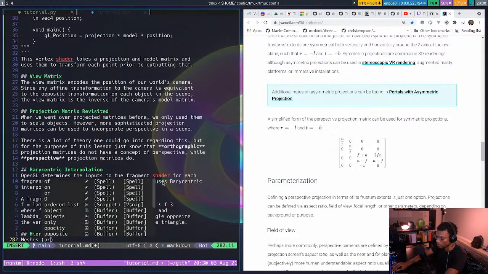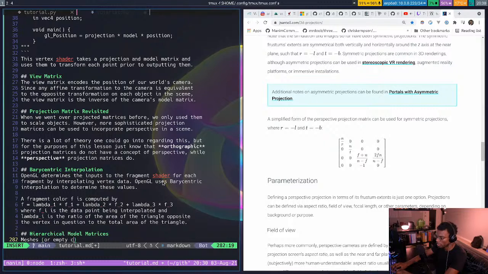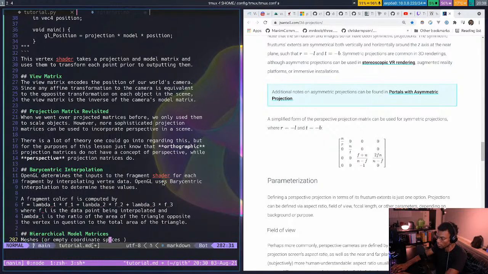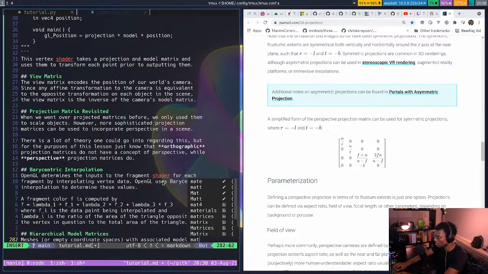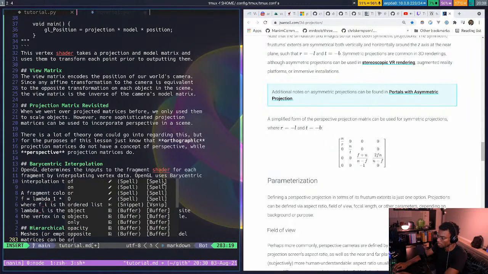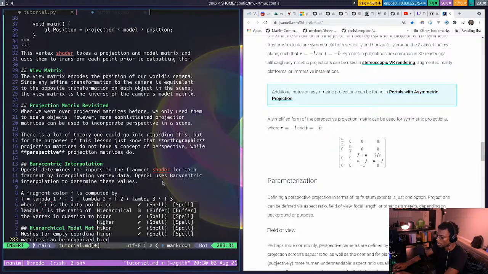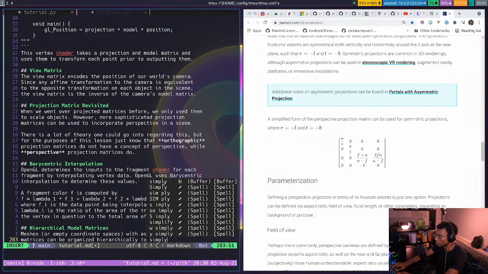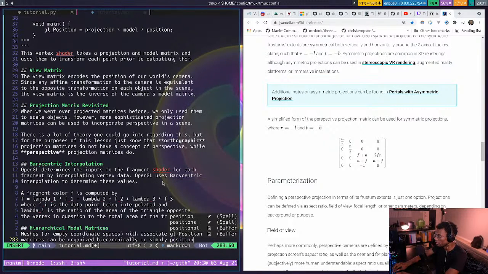Meshes or empty coordinate spaces with associated model matrices can be organized hierarchically to simplify positioning.